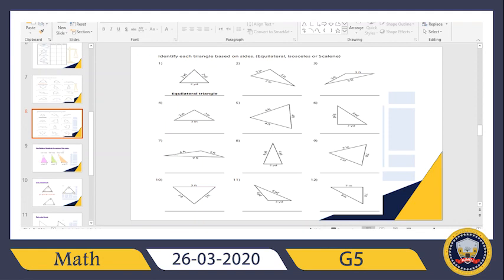If I have a triangle with only two sides equal, I call it an isosceles triangle. And the third type, if I have a triangle where all its sides are different in their length, I call this triangle a scalene triangle.